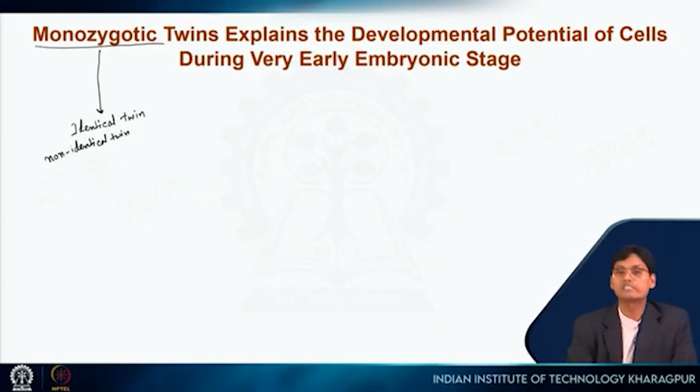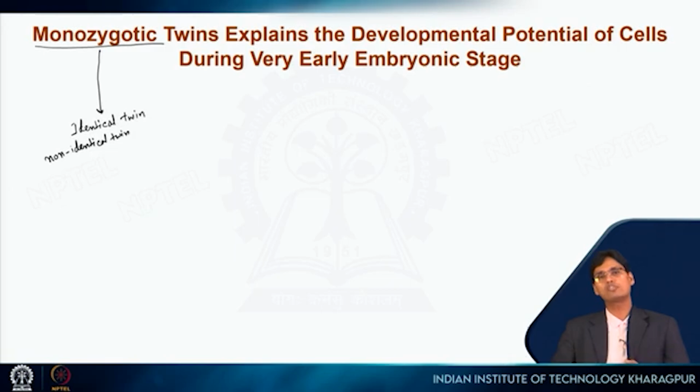But now, how does this monozygotic twin actually develop? That means after fertilization, when the zygote forms, and this zygote is getting divided, when they are at a very early stage, around 8 to 16 cell stage, accidentally it can happen naturally also.